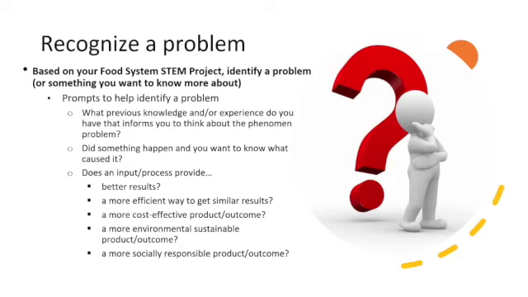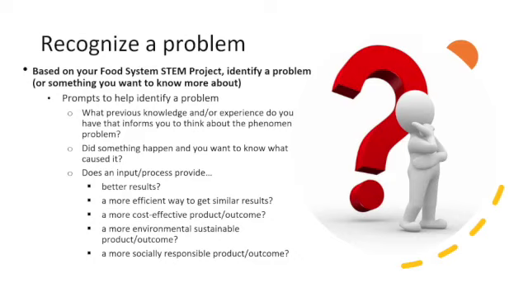Some ways to identify a problem is to think about what previous knowledge and or experience do you have that helps you think about what this phenomena is that you're working on. We're going to use hydroponics as an example. So you'll be thinking about, have you ever tried to raise plants before? If so, have you tried to do it hydroponically? And so what did you learn from that experience? What problems might you know could occur? And that could help you frame it.